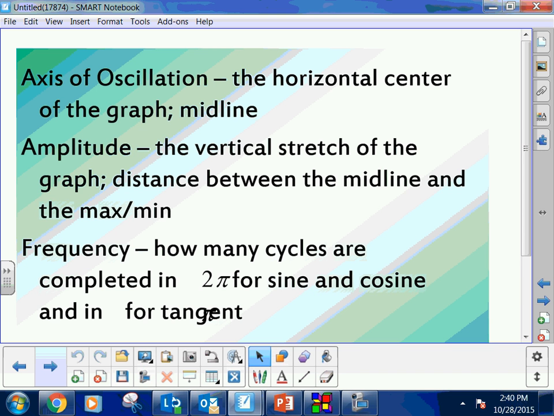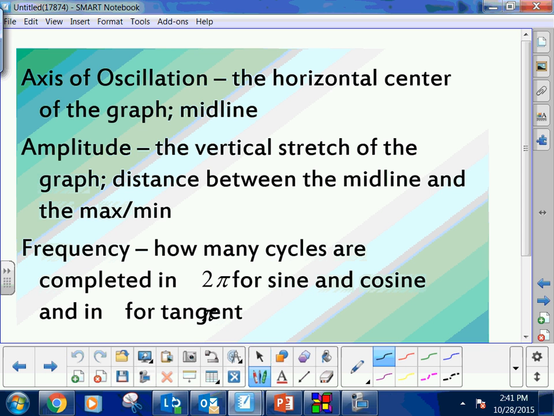And the frequency is what we refer to as the C value in regular translation functions, because it's the one that horizontally affects the graph. So how many cycles are completed in 2 pi for sine and cosine?